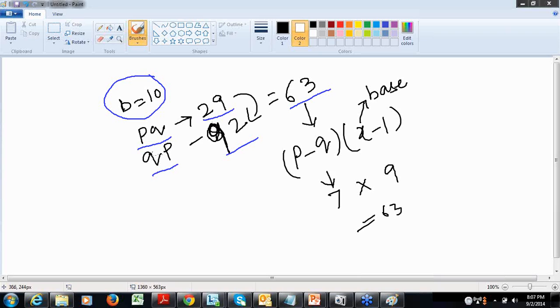Now he got the reversal of it, QP, which will be 92. What is the difference? It is 63. So 63 will be the form of the difference of these 2 digits into base minus 1. The difference of the 2 digits is 7, base minus 1 will be 9, so 7 into 9 will be 63.